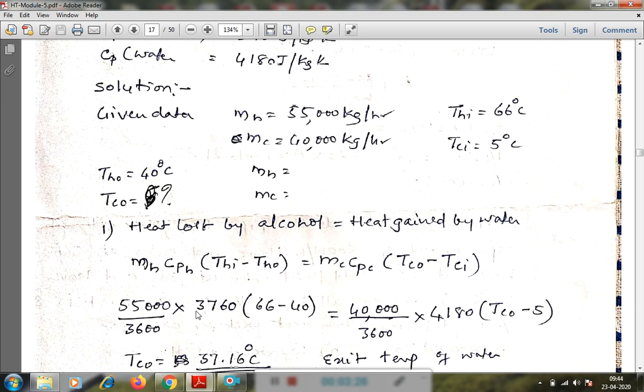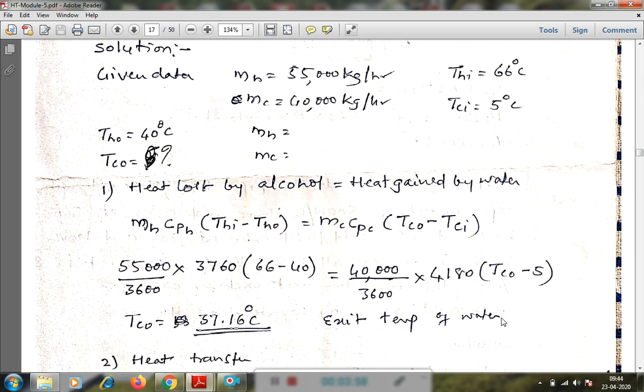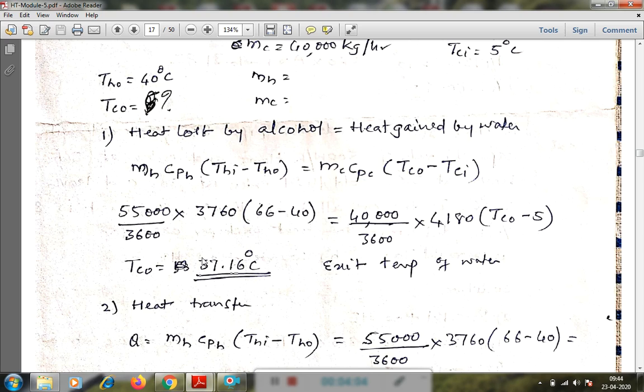The mass flow rate of the hot fluid is 55,000 divided by 3,600 kg per second, CpH is 3760, Thi is 66, Th0 is 40. The mass flow rate of the cold fluid is 40,000 kg per hour divided by 3,600, that is kg per second. Its specific heat is 4180, Tc0 we have to find out, the outlet temperature of the cold fluid, and the inlet temperature of the cold fluid is 5 degrees Celsius. From this we get the outlet temperature Tc0 equal to 37.16 degrees Celsius.